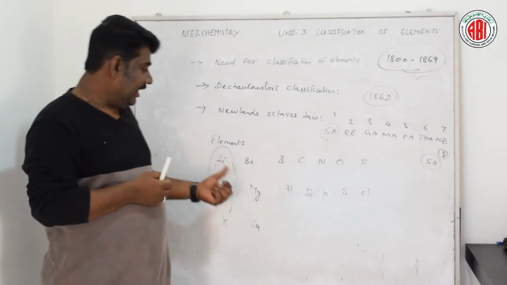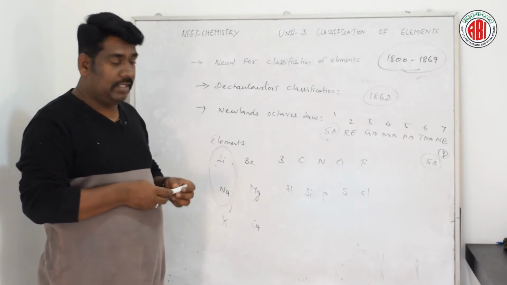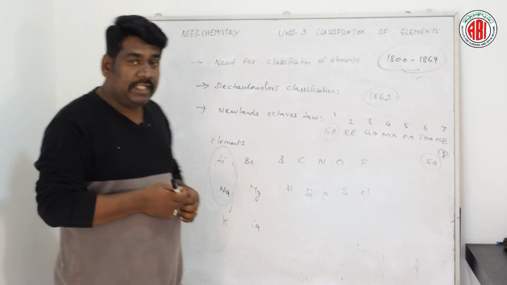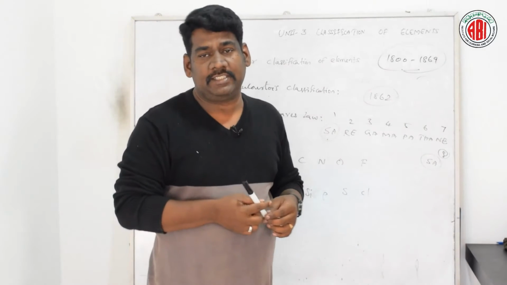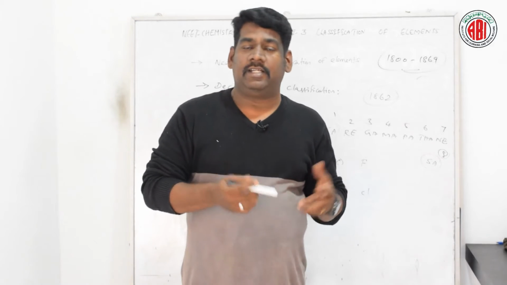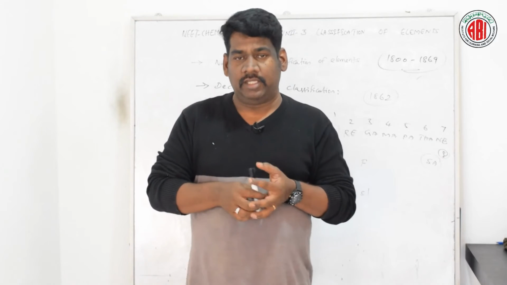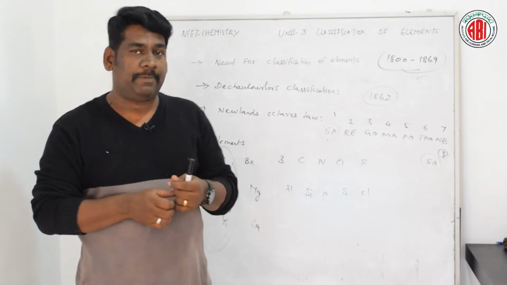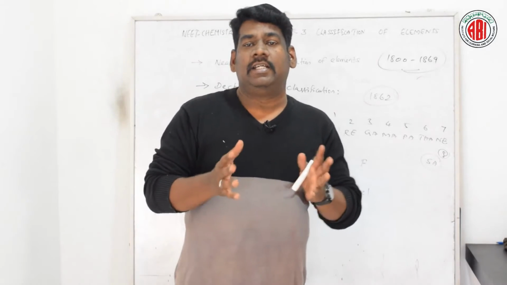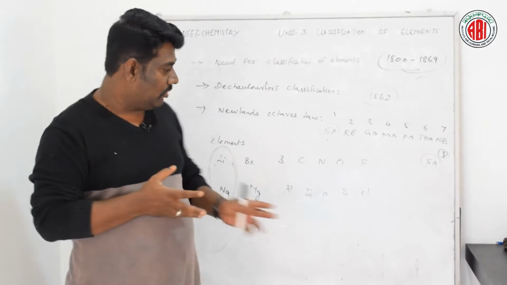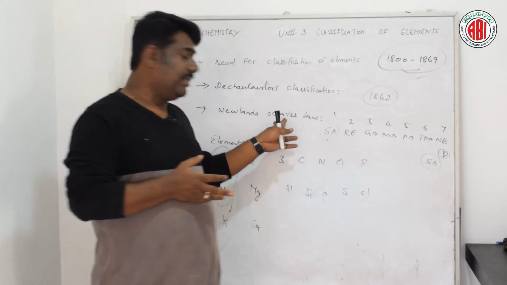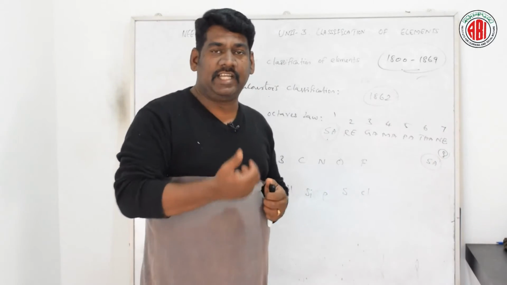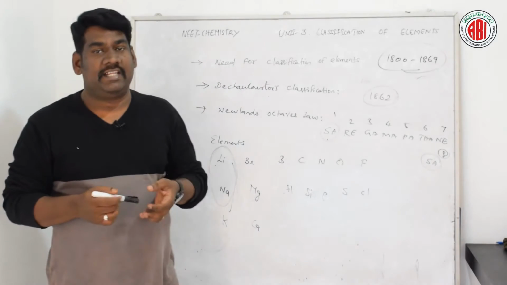Similarly, the first element according to Newland's octave law repeats for every eighth element, showing similar properties and similar characteristic features. So this type of arrangement is called Newland's law of octaves. Octave stands for 8. Every consecutive element repeats with its physical and chemical properties and characteristic features.